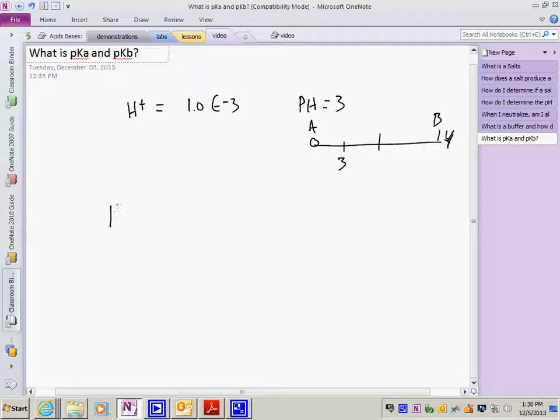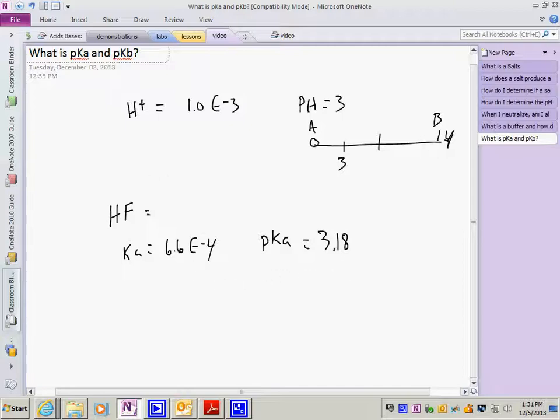Well, a pKa does a very similar thing. Now for HF, the Ka is equal to 6.6 e to the negative fourth. Therefore the pKa is equal to the negative log of 6.6 e to the negative fourth, which is 3.18.